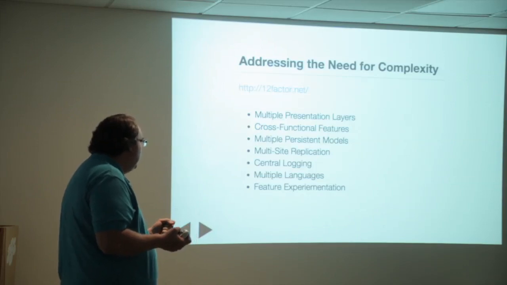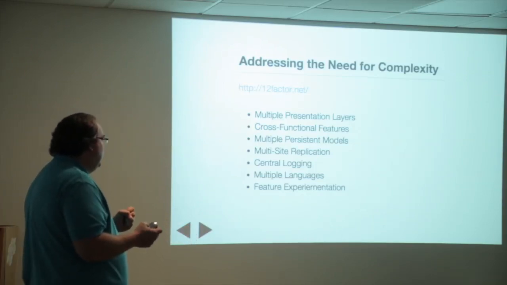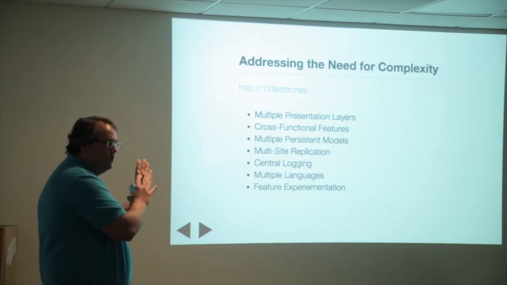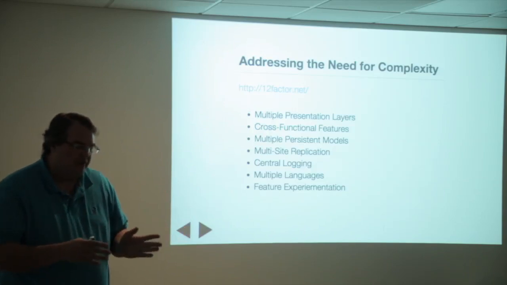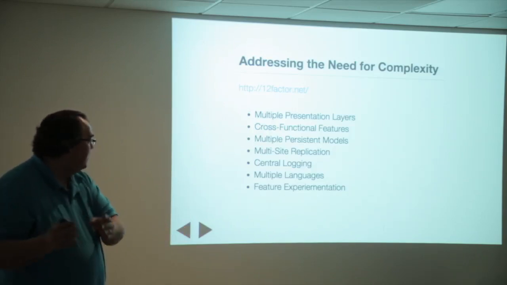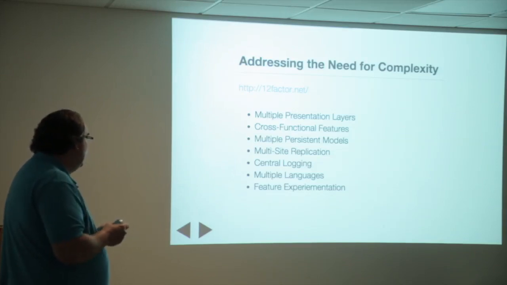So we need something that works well on mobile, something that works well on the web. We need something that's more focused on a particular user's role workflow, and something that's same data, same services, but focused on another role's workflow. So we have a lot of cross-functional features.